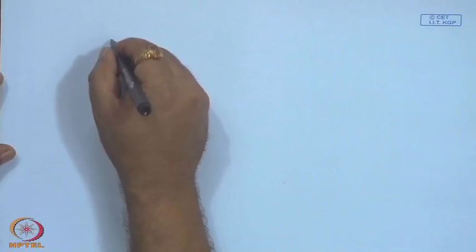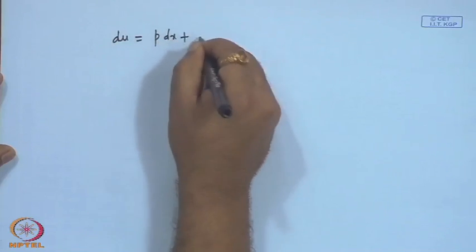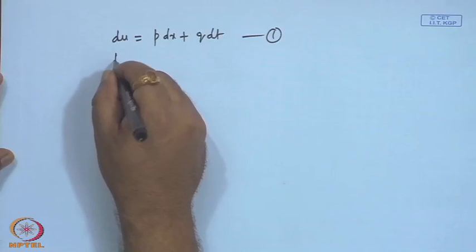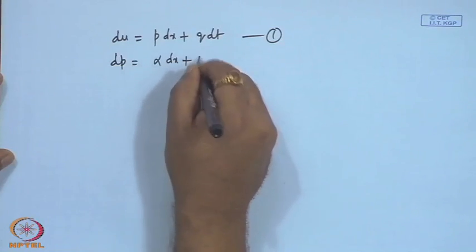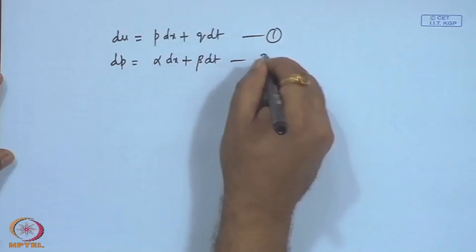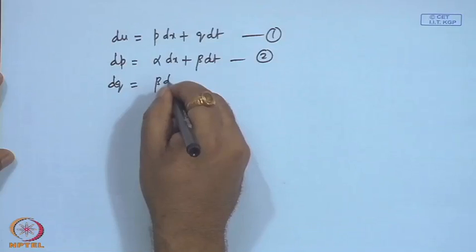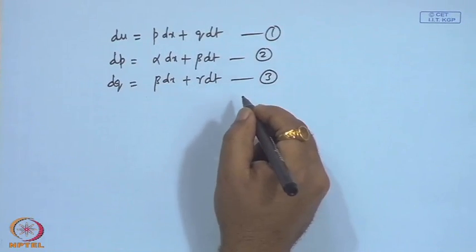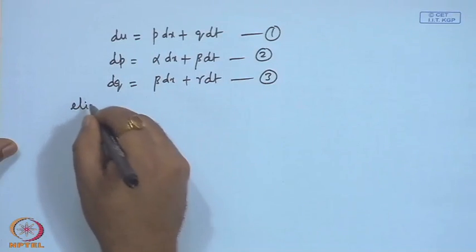So, we have du equals to p dx plus q dt, then we have dp equals to alpha dx plus beta dt, then dq is beta dx plus gamma dt.